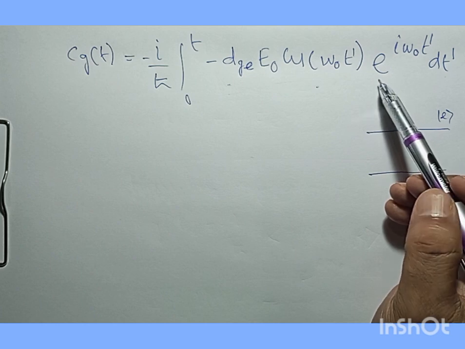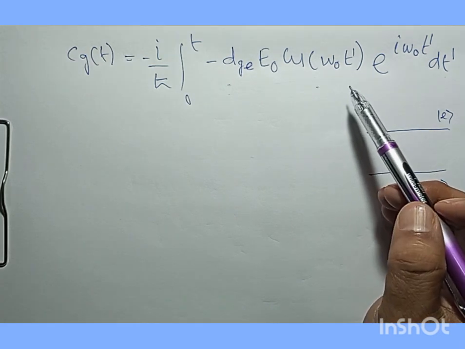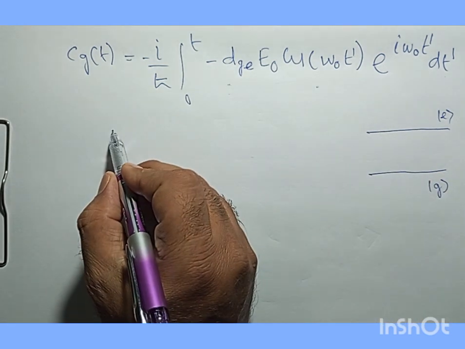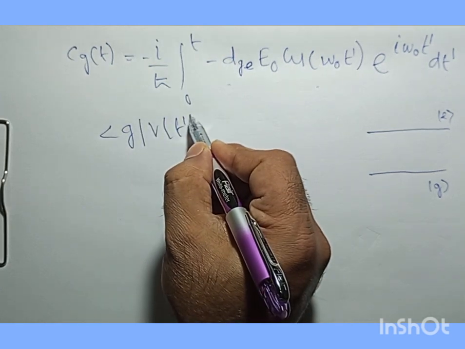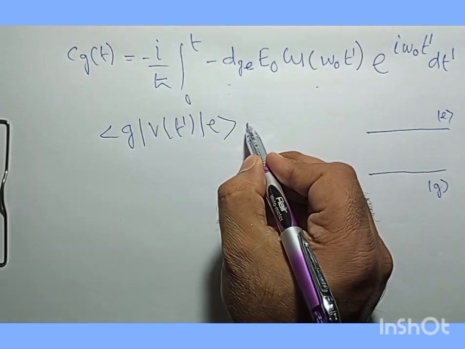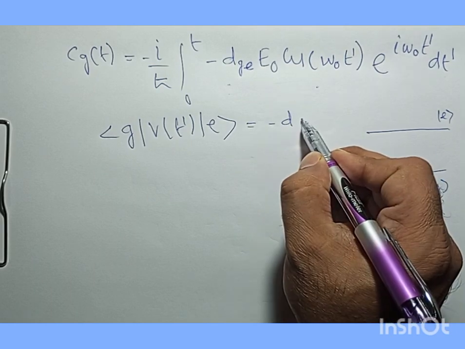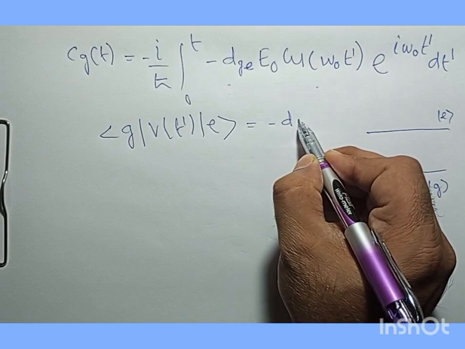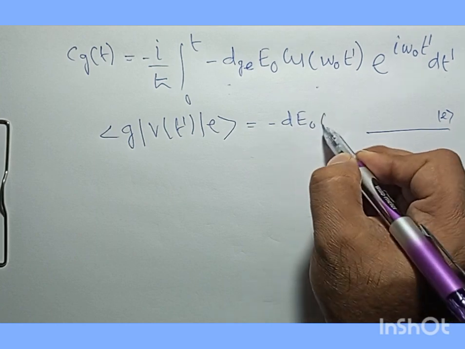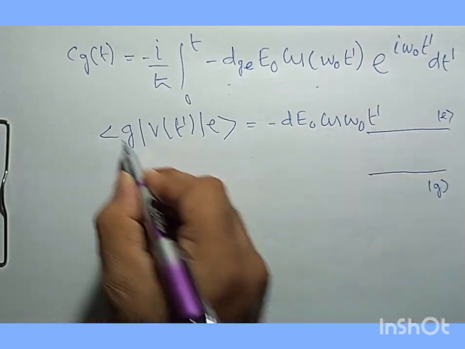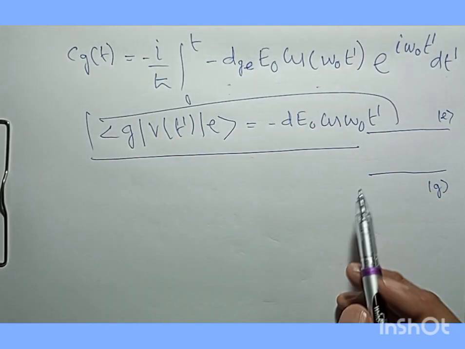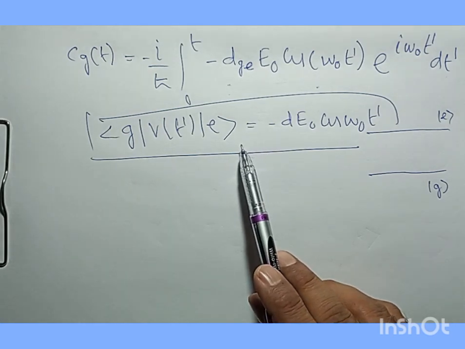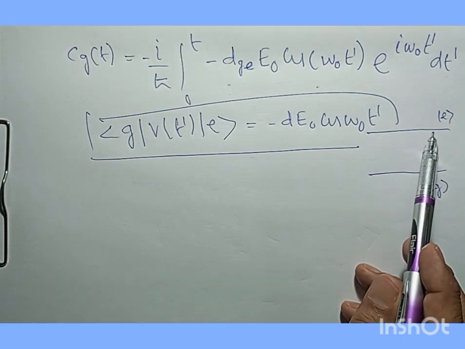If I revise it again, the matrix term that we had was G, V of t dash, E, which is basically minus d dot E naught cos omega naught t dash. This term describes how the interaction Hamiltonian couples the excited state with the ground state.